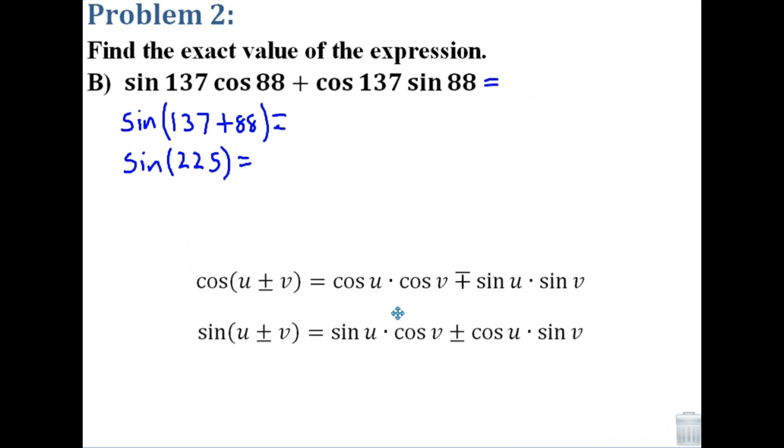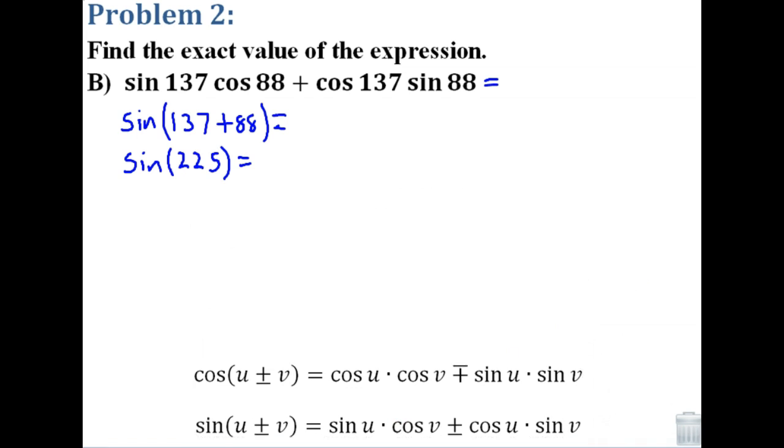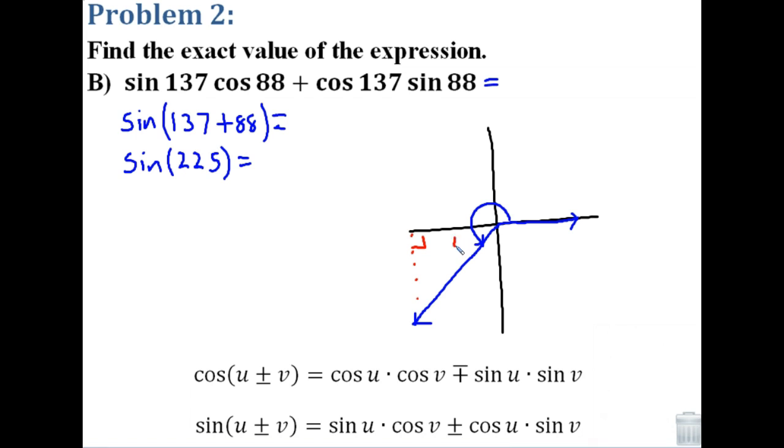Again, this takes us back to our first trig chapter, so we're done with the identities here. We'll graph that angle in standard position. 225 is going to be in the third quadrant, short of 270. Make our reference triangle. If I go 225 minus 180, we get 45 degrees, meaning this is the 45, 45, 90 with side lengths of 1, 1, and root 2.